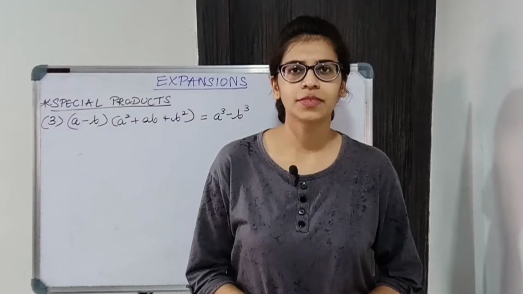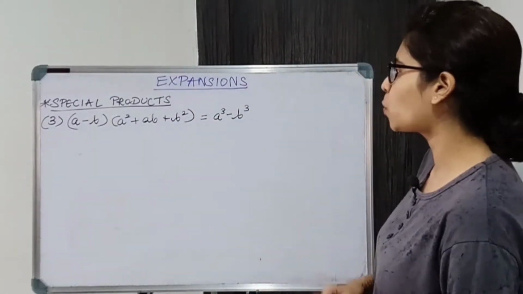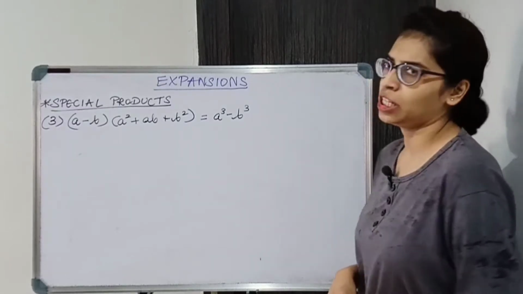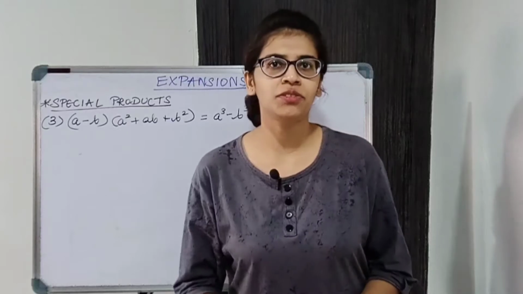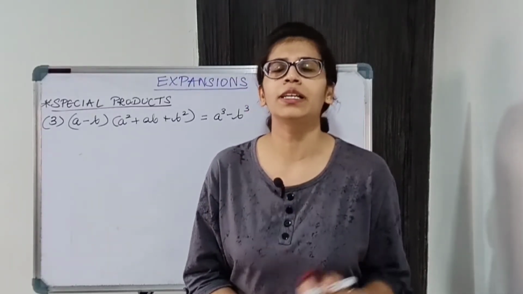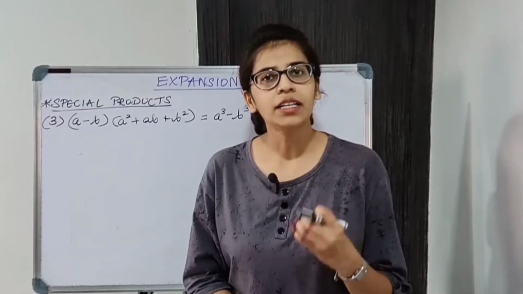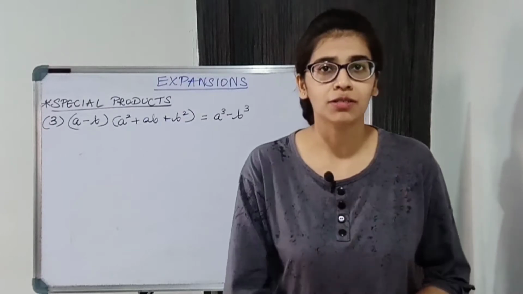The third product is (a - b)(a² + ab + b²) = a³ - b³. Again, for a³ - b³, you need to remember this special product, students. So far I have told you not to remember a³ + b³ and a³ - b³, but for the last exercise you will need to remember these two products.